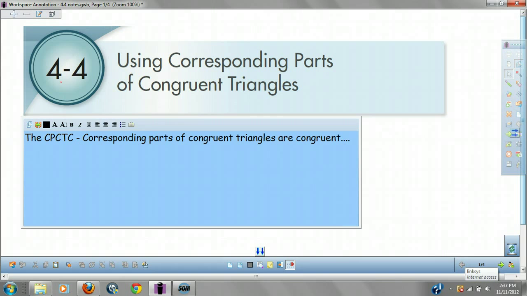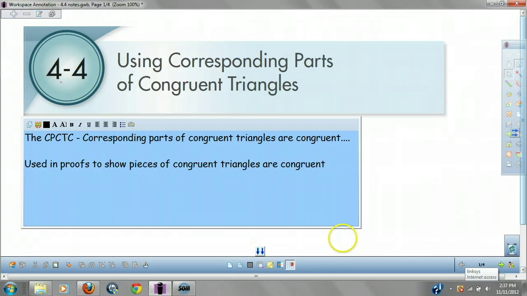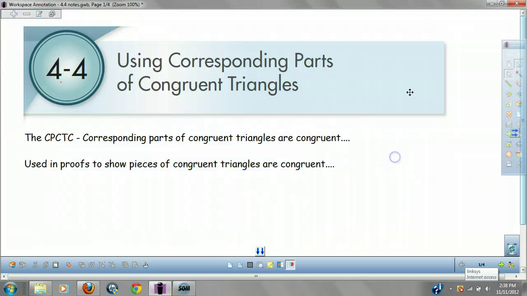Well, CPCTC is used in proofs to show pieces of congruent triangles are congruent. So first you prove two triangles are congruent, and then you say, since those two triangles are congruent, you know these two sides are congruent by CPCTC. Try saying that 8 times fast.